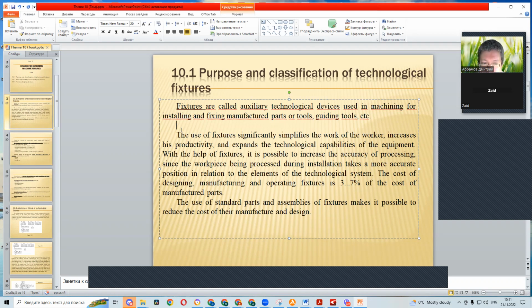The cost of designing, manufacturing, and operating fixtures is from 3 to 7% of the cost of manufactured parts. The use of standard parts and assemblies of fixtures makes it possible to reduce the cost of manufacture and design.